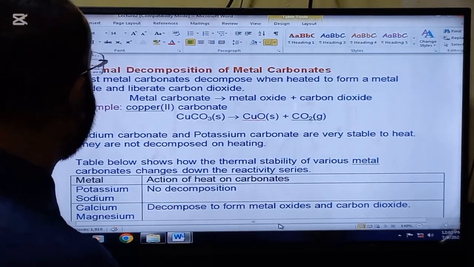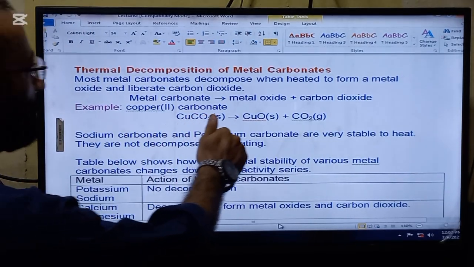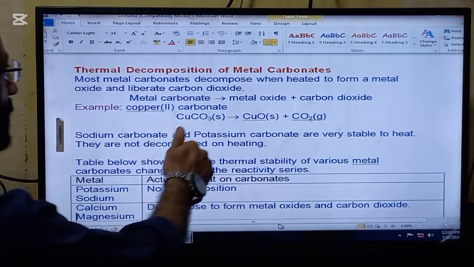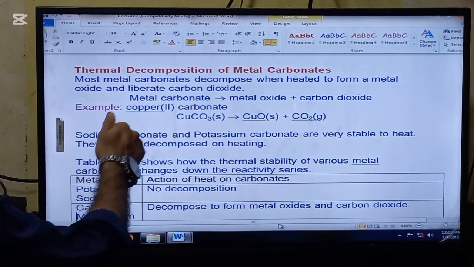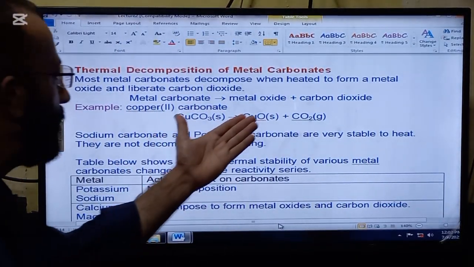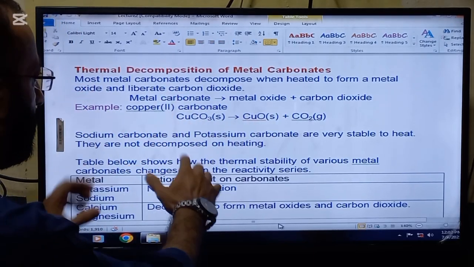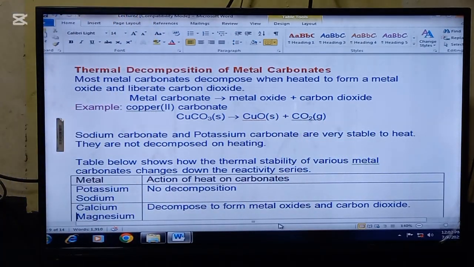The next thing that we are going to read in the lecture is thermal decomposition of the metal carbonates. Most metal carbonates decompose when heated to form a metal oxide and liberate carbon dioxide. And here is the general reaction: metal carbonate, when decomposed, forms metal oxide and carbon dioxide.